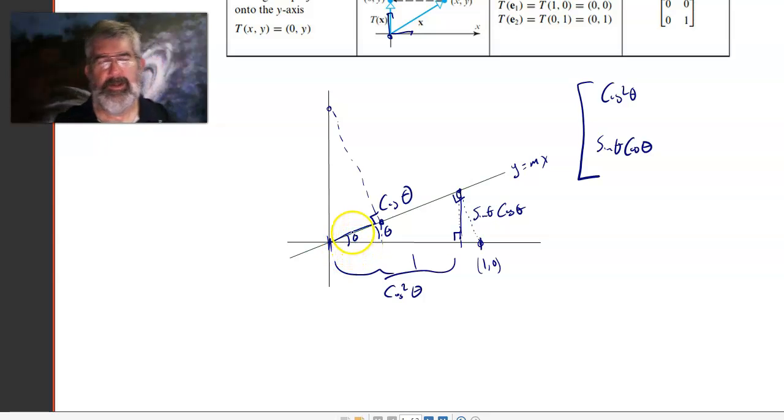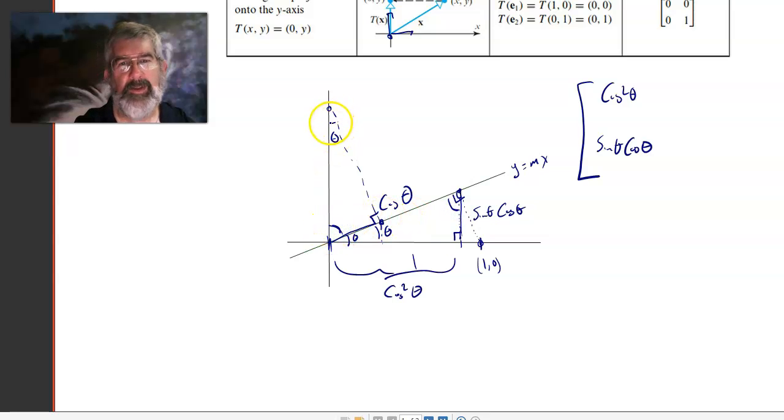Well, I claim as well that this angle up here is theta. Notice that this angle is pi over 2 minus theta, so this angle is pi over 2 minus (pi over 2 minus theta), which is just theta.